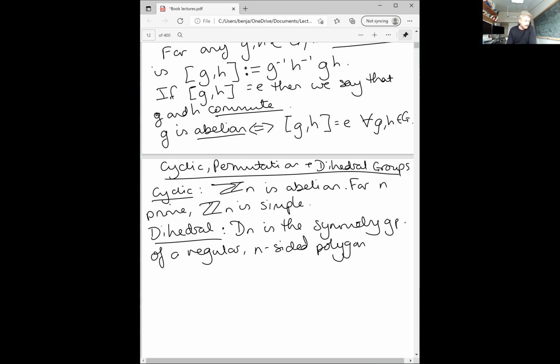In a two-dimensional plane, formed by rotations through 2 pi m over n, together with a reflection r.